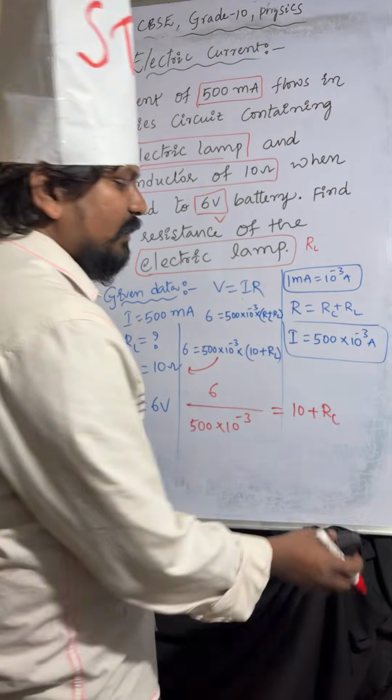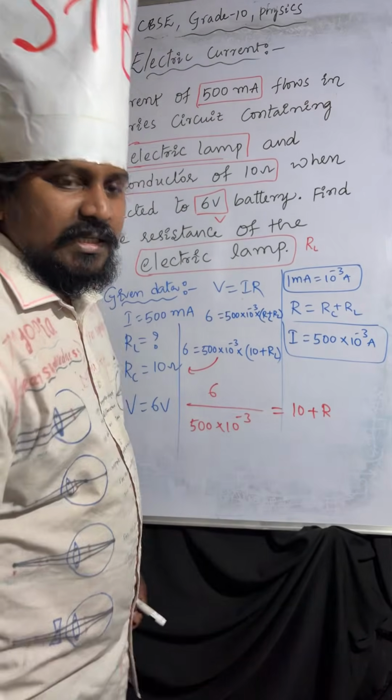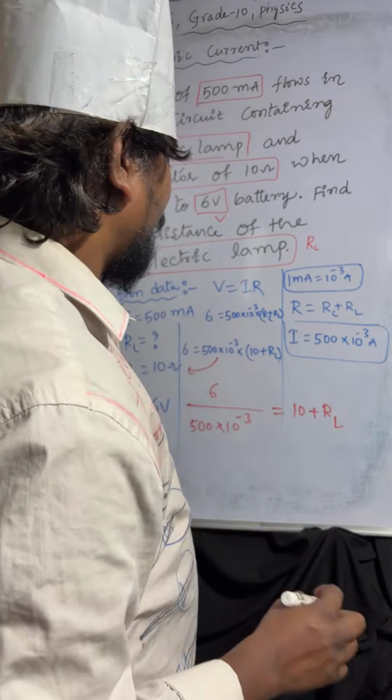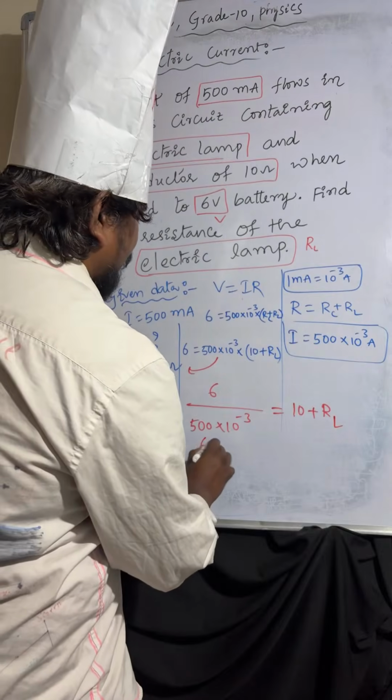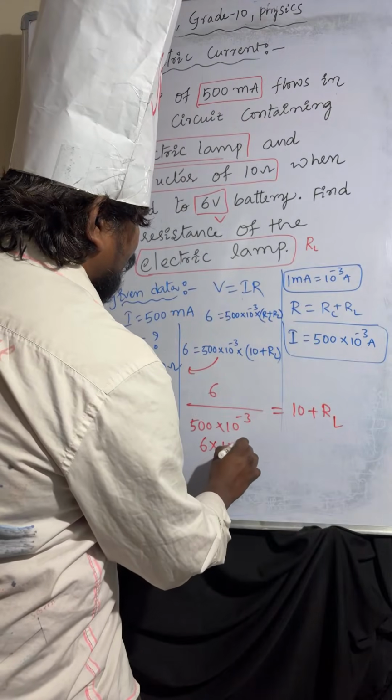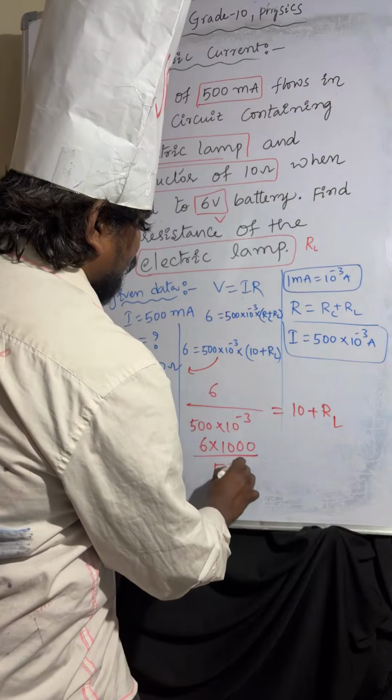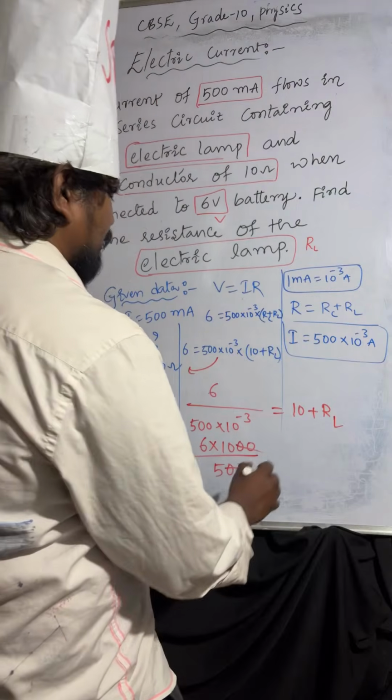We have to find out the resistance of the lamp, RL. Now 6 into 1000 by 500, so these get cancelled.